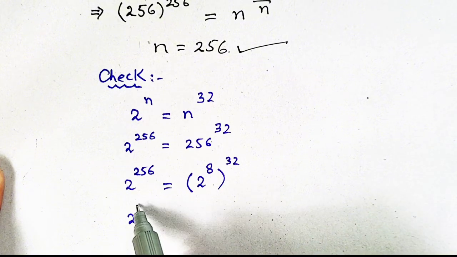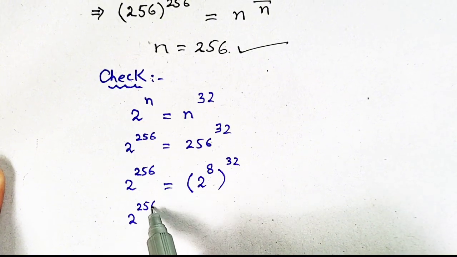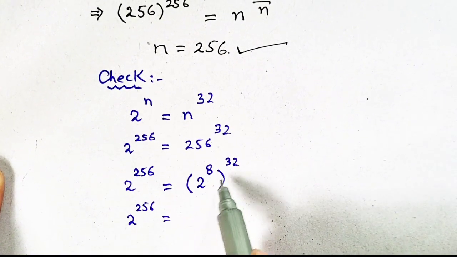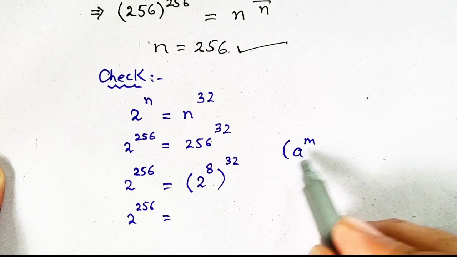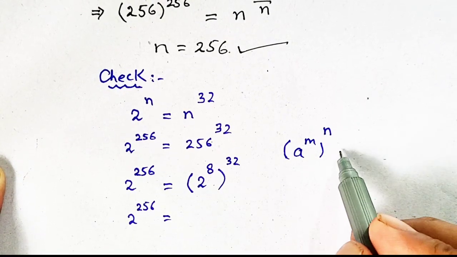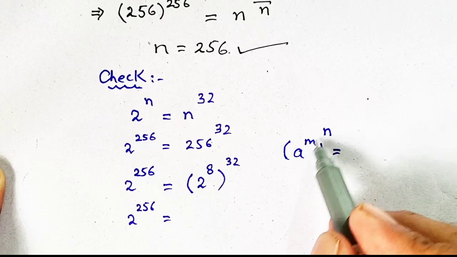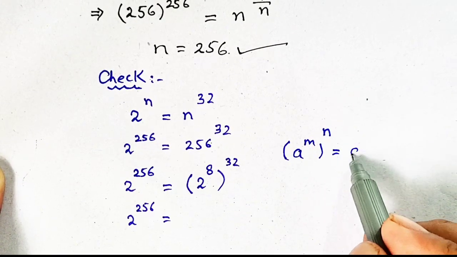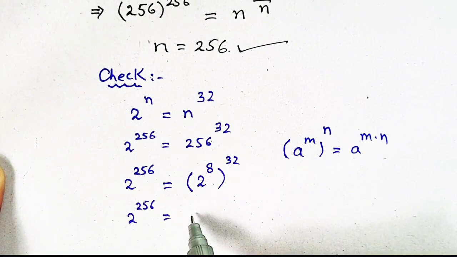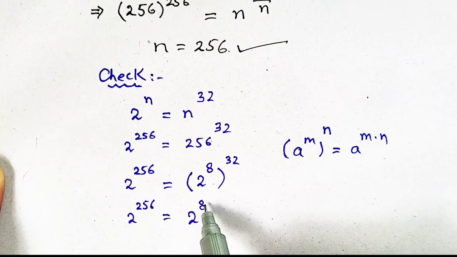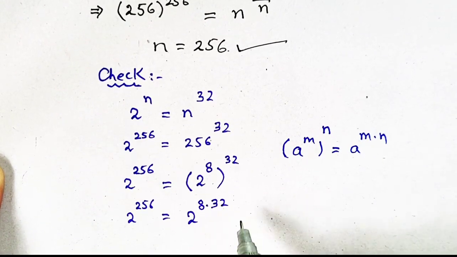So 2 power 256 will be, here we will again use a power m inside the bracket and whole power is n, then m and n are multiplied, so we will get a power m times n. So same is here, 2 power 8 multiplied by 32.